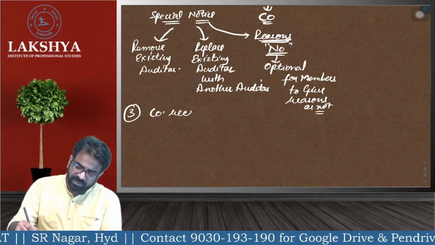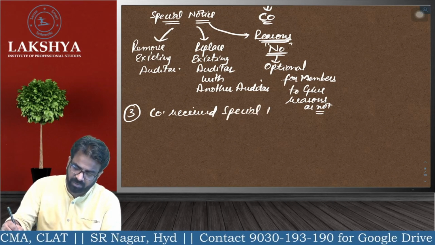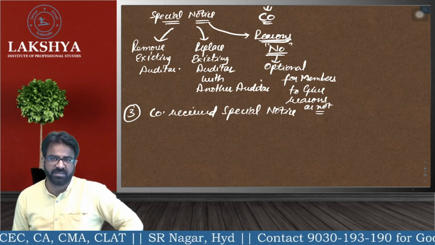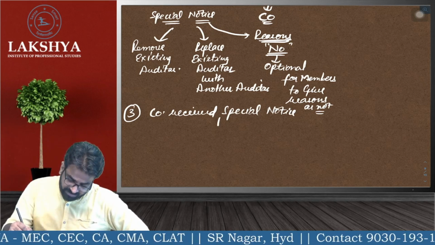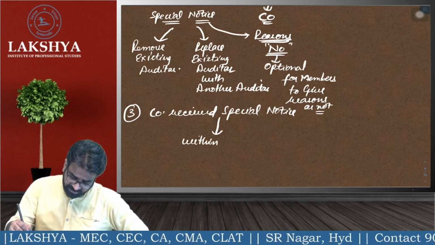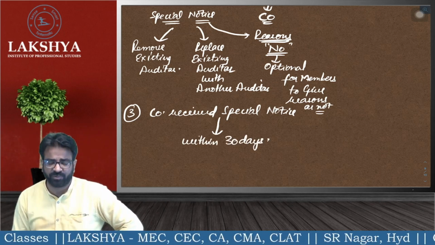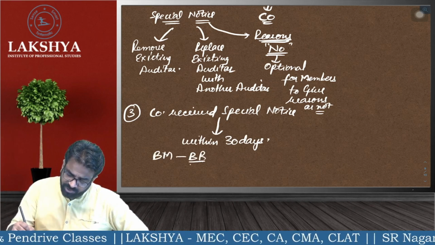Step number 3. The company received what? The company received a special notice. Am I correct or no? Now after receiving the special notice, what does the company need to do? Within 30 days of receiving the special notice, the company must conduct a board meeting and pass which resolution?